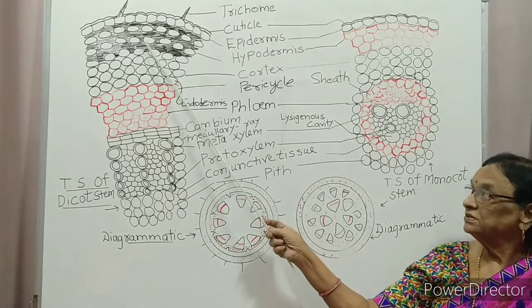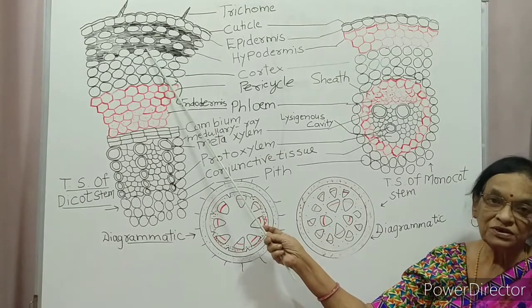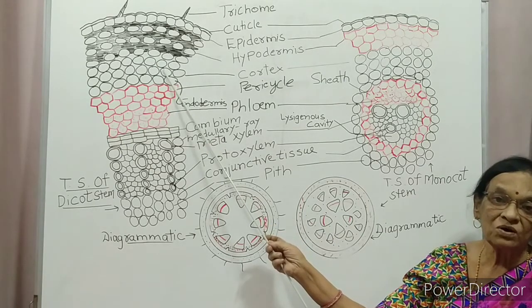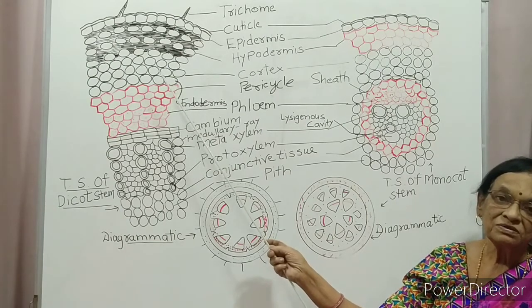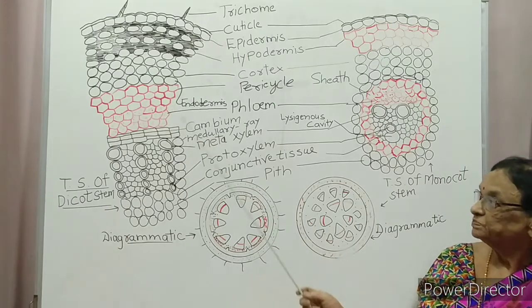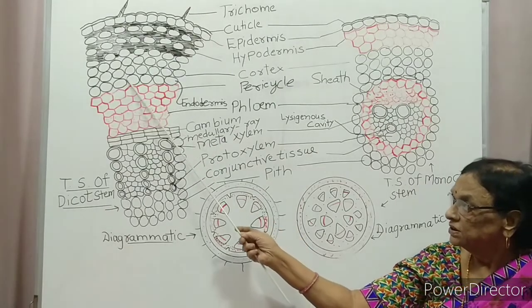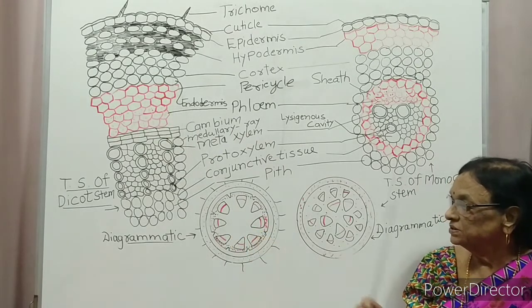So this shaded part shows deposition of pectin. This is the parenchymatous cortex, which forms the main supporting tissue. After this is the endodermis. This layer is called endodermis.